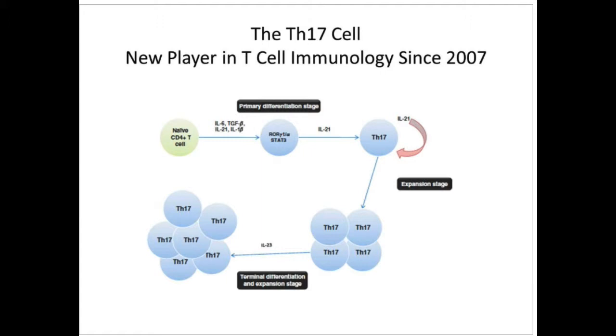All of these T cells have signaling cascades that include STATs, which are kinases, and RORgamma is actually another transcription factor. And these then define the T cell phenotype. Once you get the Th17 cell, it begins to divide: the terminal differentiation and expansion stage.